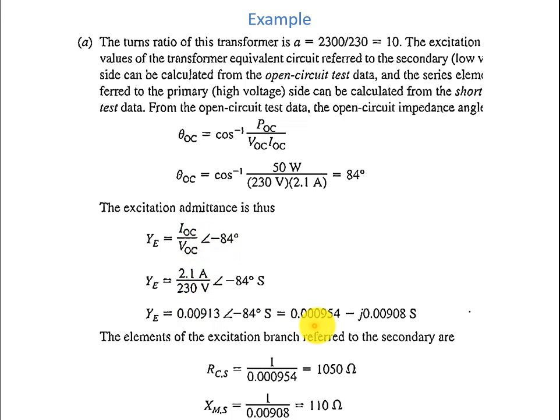So that can be converted to 0.0009454 in rectangular coordinates. Now comparing the equations, Rc and Xm can be calculated, and Rc is 1050 ohm and Xm is 110 ohm.